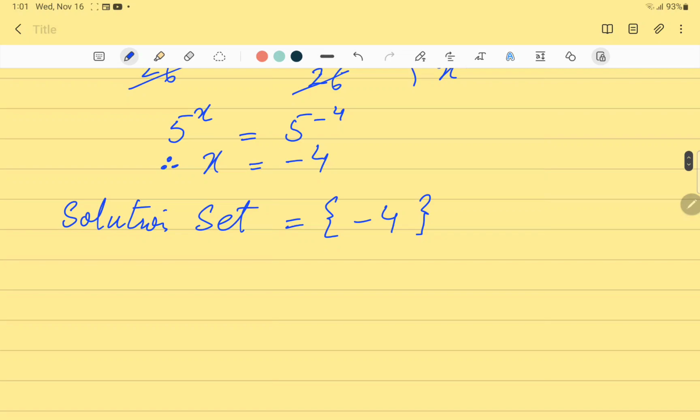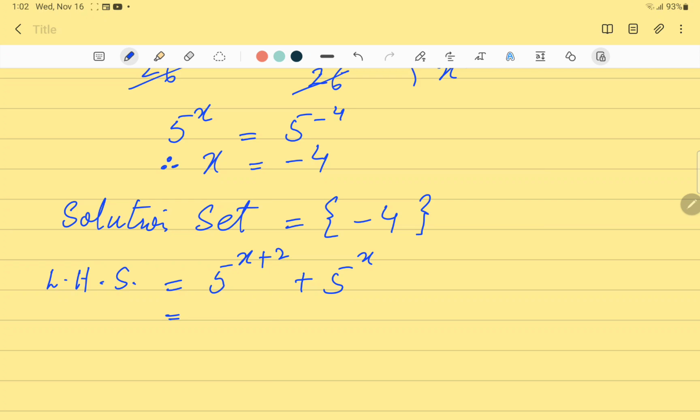Now we will check if this answer is correct. So we will verify the equation. Let's do that. Our left hand side is equal to 5 raised to the power x plus 2 plus 5 raised to the power x.